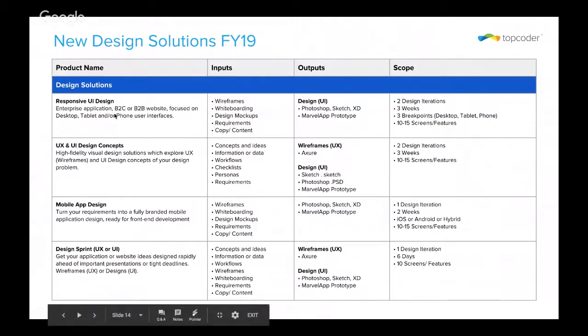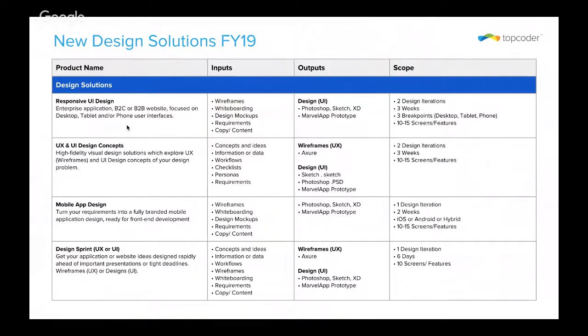So an item like responsive UI design. We're looking at an enterprise application, a B2C or a B2B website focused on desktop, tablet, and or phone user interfaces. The inputs and the outputs of these are largely what we see for any design challenge.